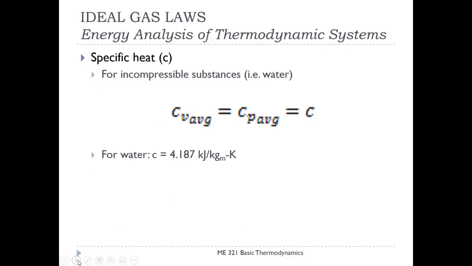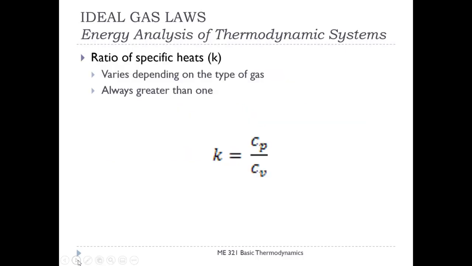Now before we move on, please take note that the specific heats at constant volume and at constant pressure of incompressible substances such as solids and liquids are just equal. For water, the average value of specific heat that we use in our calculations is 4.187 kilojoules per kilogram mass Kelvin.